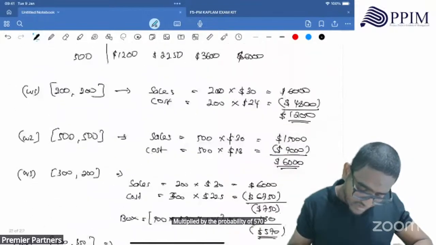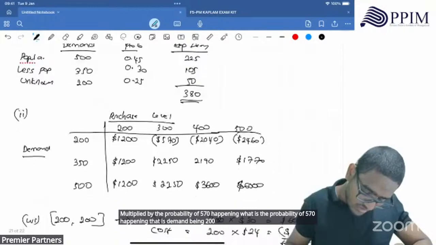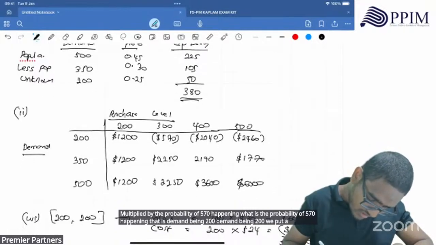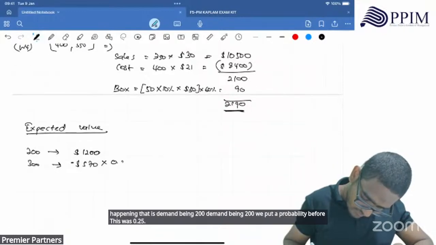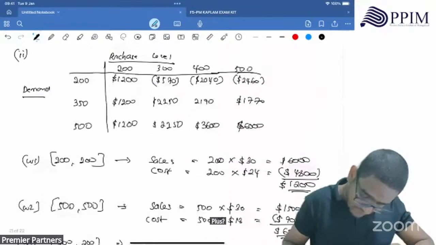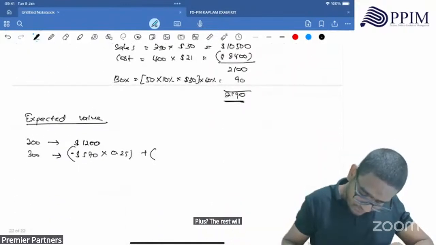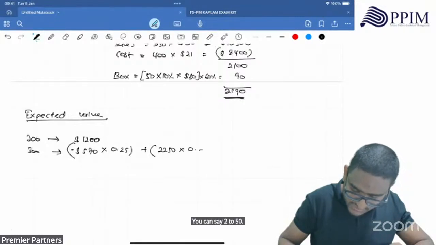What is the probability of that happening? That is demand being 200. Demand being 200, we put a probability before. This was 0.25, plus the rest will give you 2,250. So you can say 2,250 into 0.75.